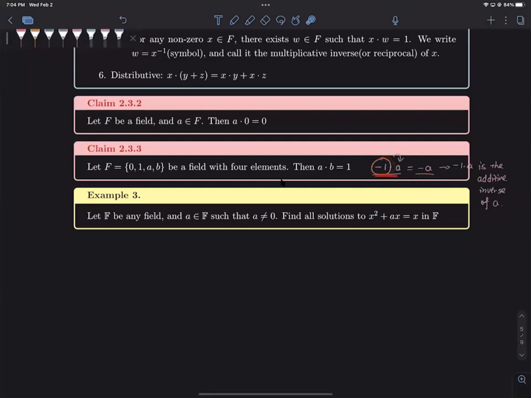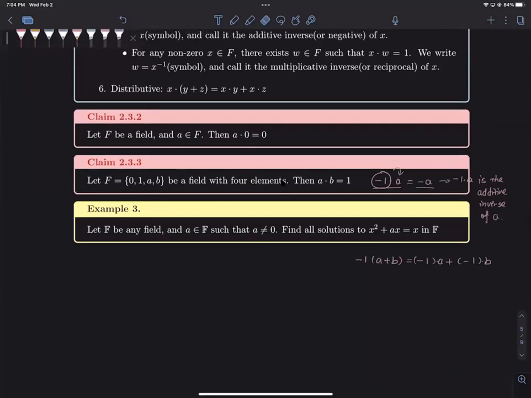It's just saying this is the additive inverse of A. So you can distribute it in, you can do that. If that's what you're talking about, you can do this. But you cannot do A plus minus B like this directly.